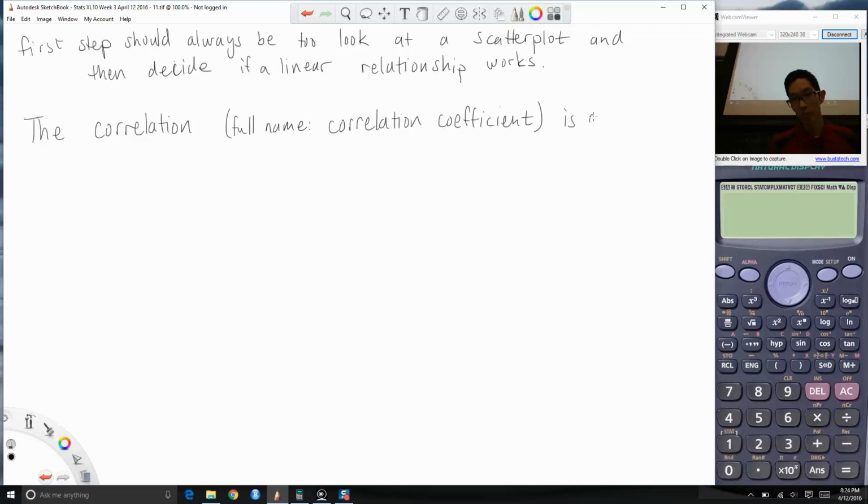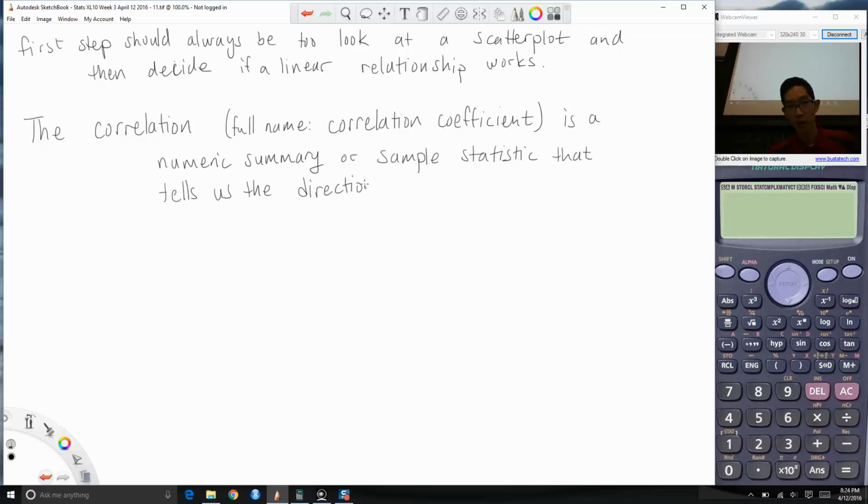Okay. Correlation is a numeric summary or sample statistic that tells us the direction and strength of a relationship between two numeric variables.